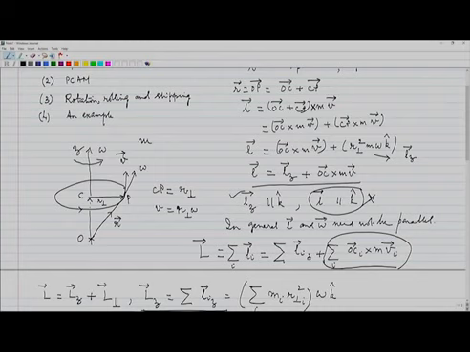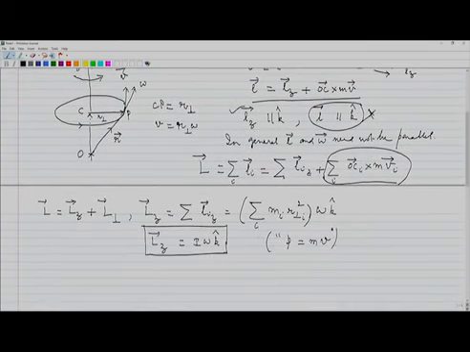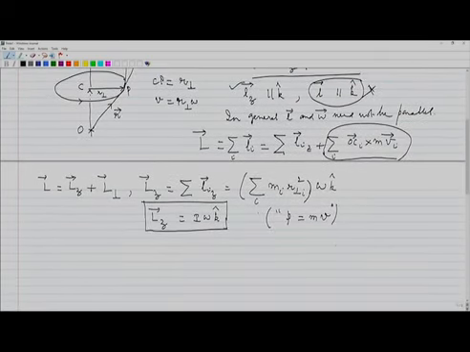If it is a symmetric body, given this OC, if there is a velocity in this direction, there is another particle diametrically opposite at the same distance with a velocity minus Vi. Therefore, these two components cancel, so you are left with L perpendicular equal to 0.